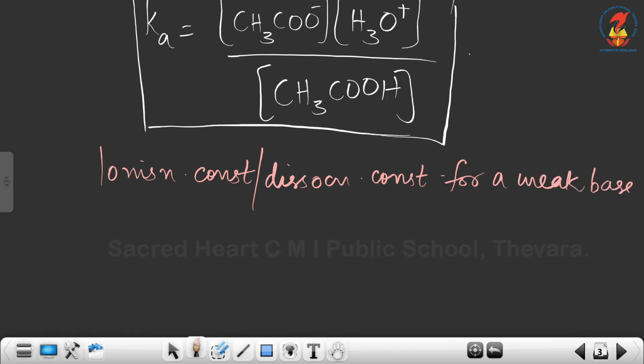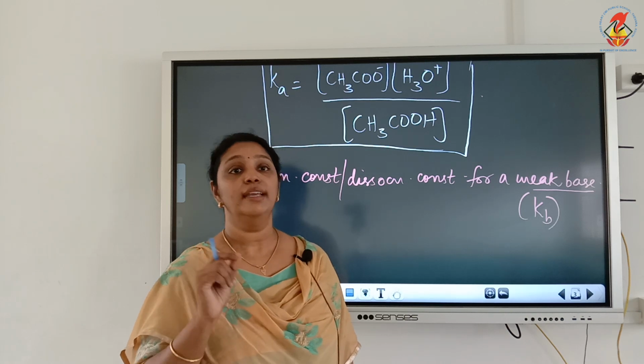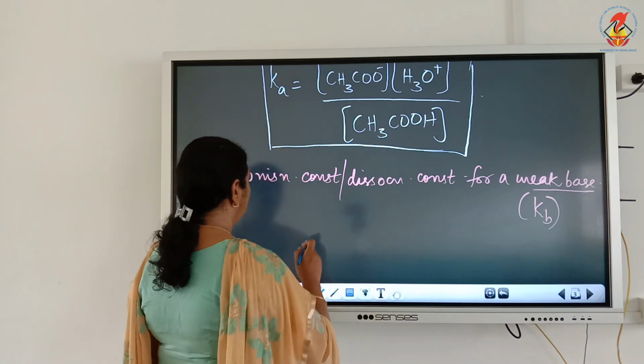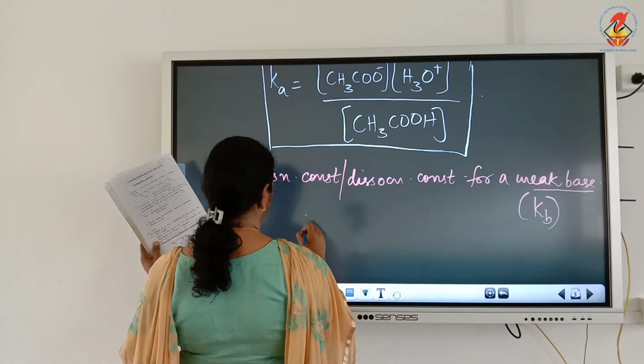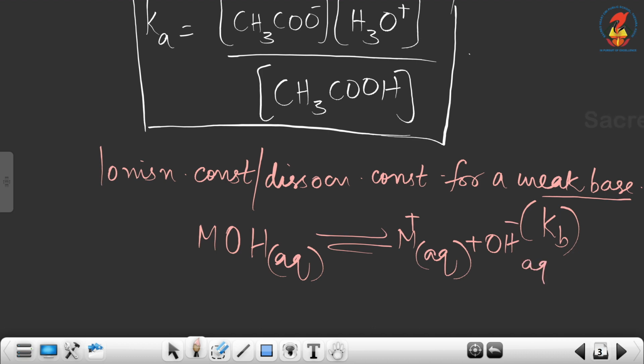Here the electrolyte taken is a weak base and it is denoted by Kb. Ka represents the ionization constant of a weak acid, Kb represents the ionization constant of a weak base. Now let's take the general equation: base MOH in aqueous solution dissociates to give M+ (aq) plus OH- (aq).